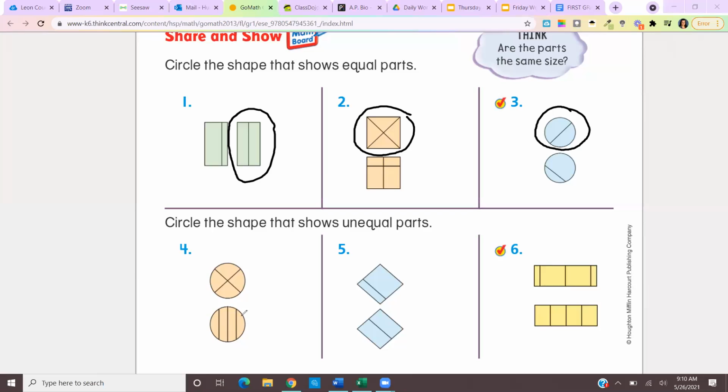These 2 outside pieces of the circle are not the same as those inside pieces of the circle. So that would make it unequal. They're not the same size. For a shape to have equal parts, every single piece has to be the exact same. If every single piece in the shape is not the same, that means it is unequal.